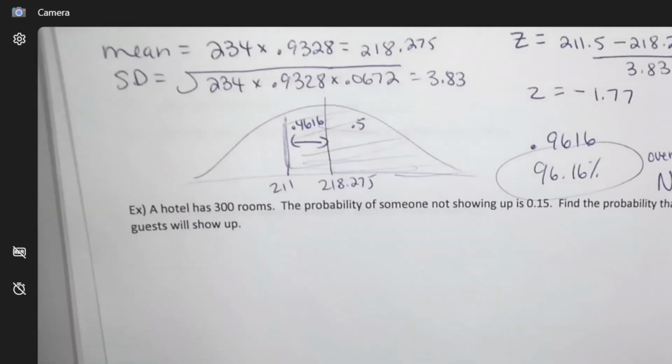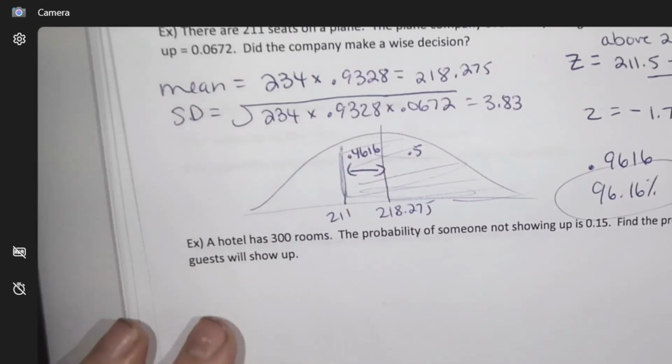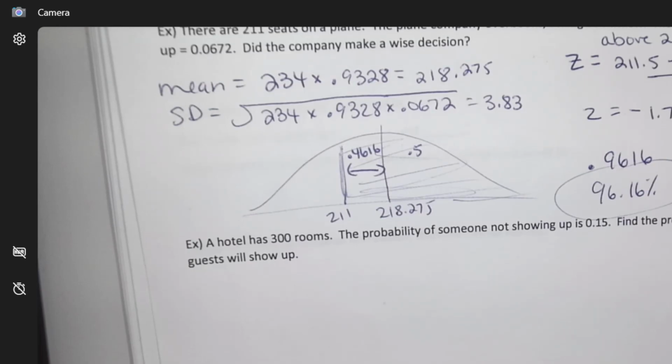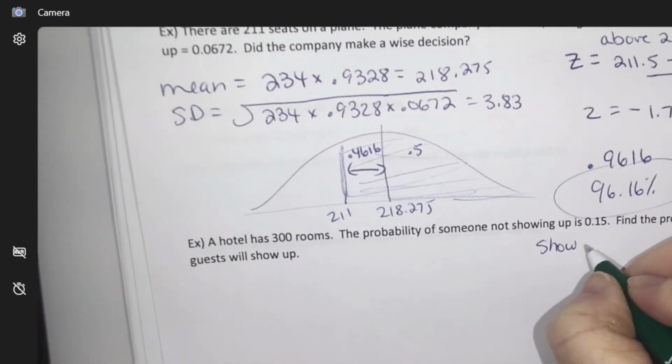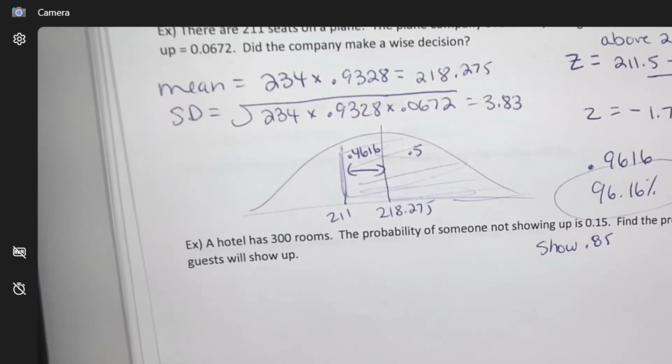Okay, last question today. A hotel has 300 rooms. The probability of somebody not showing up is 15%. So I'm going to quickly write here that their showing up is 85%.